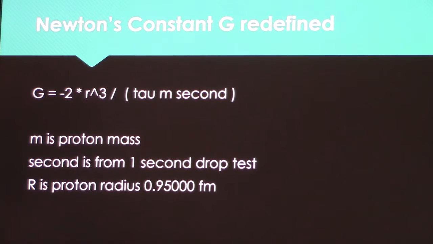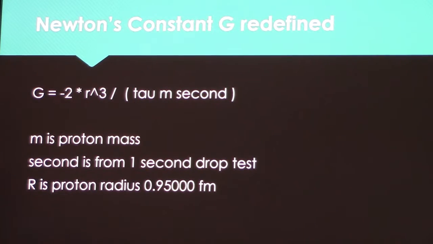And by doing this, Newton's gravitational constant has been redefined. Instead of it being 6 times 10 to the minus 11th newtons times some units, here we see it is r cubed over tau divided by m seconds. And 2 is in there.